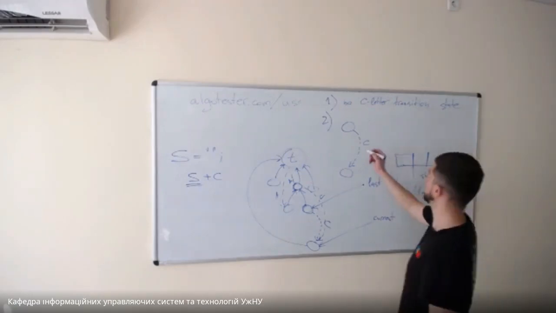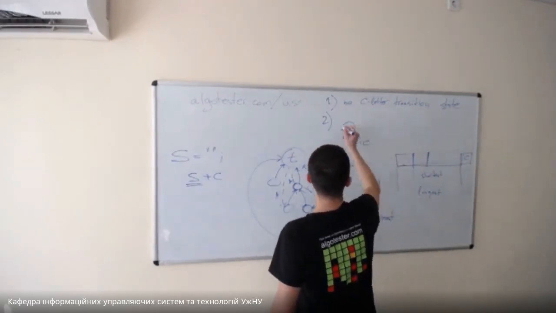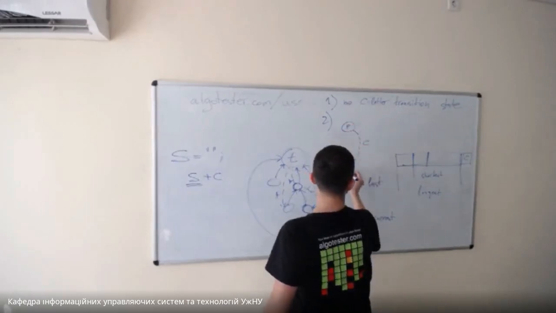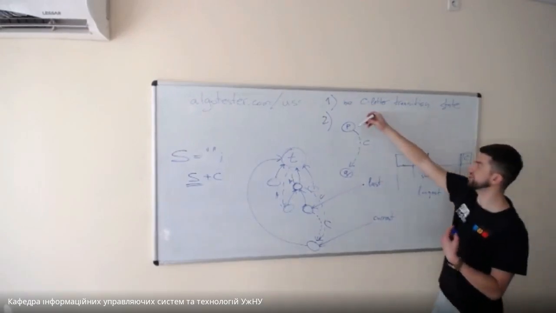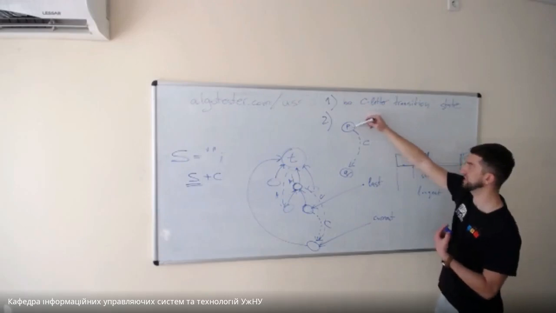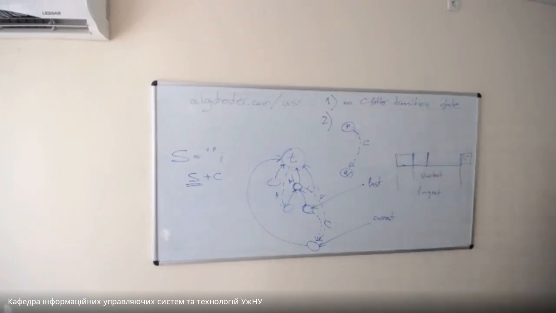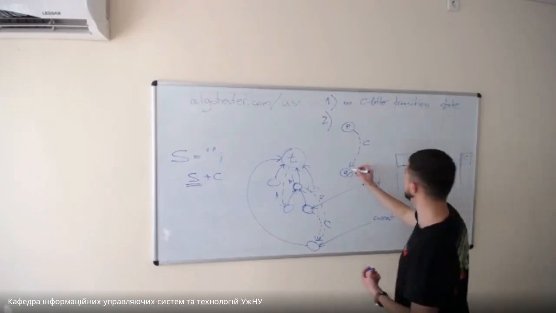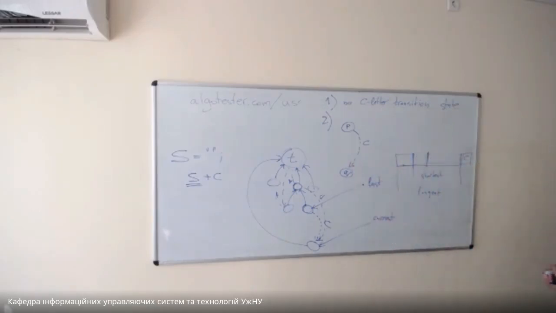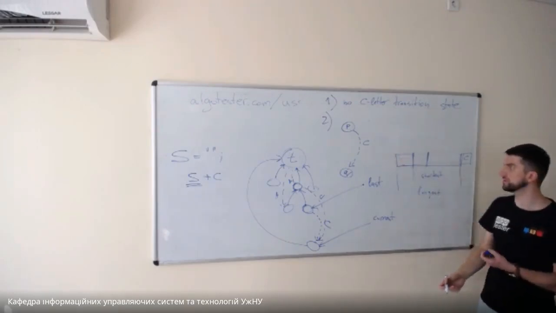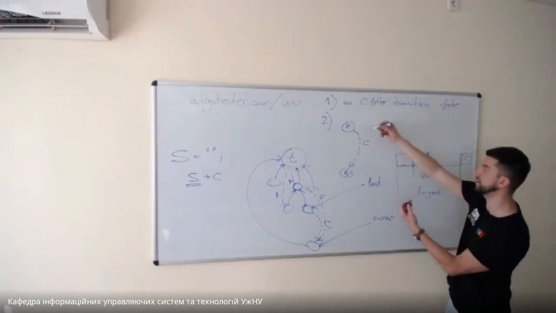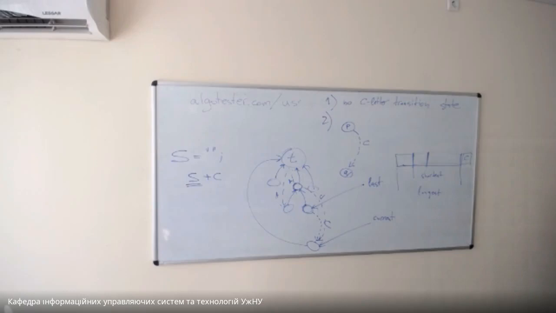Let's call this state P, and let's call this state Q. So we have reached state P, and for state P, there is already a transition with letter C on it. That means that by definition, we cannot add another transition with letter C on it. So we have to somehow use this existing transition.